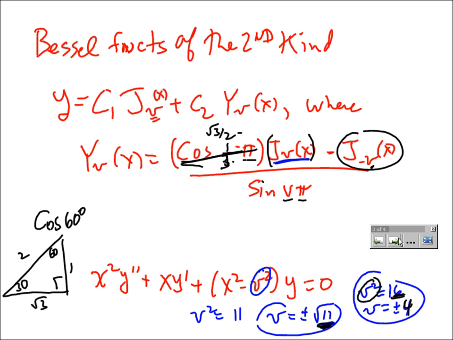And the sine, remember v is still a third, so the sine of 1/3 pi, oh, this was 60 degrees. The cosine of 60 degrees is adjacent over hypotenuse. It's 1/2. And the sine of 60 degrees will be the opposite over the hypotenuse.